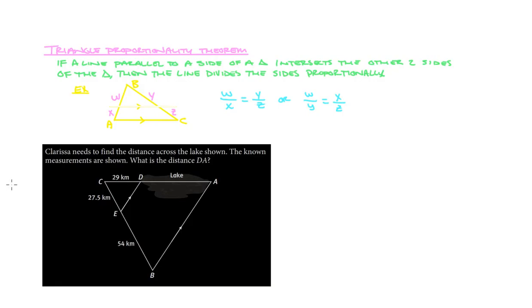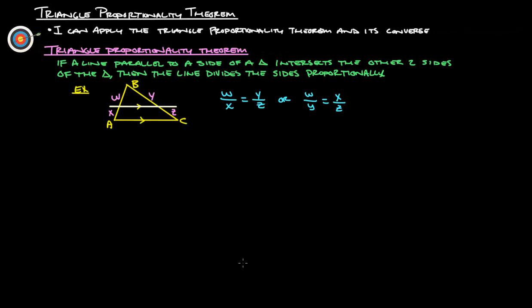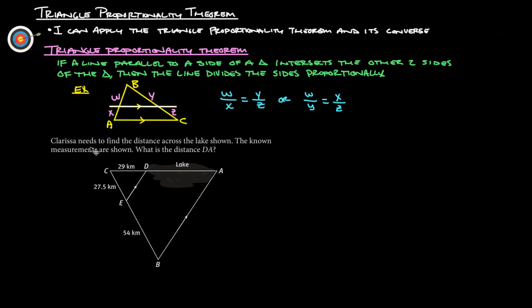So we're going to use that info there to solve a problem. Okay, here we go. Clarissa needs to find the distance across the lake shown. The known measurements are shown. What is the distance dA, which is the distance across this gray lake?